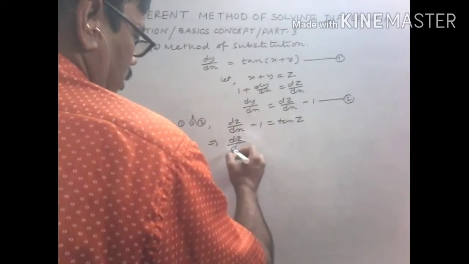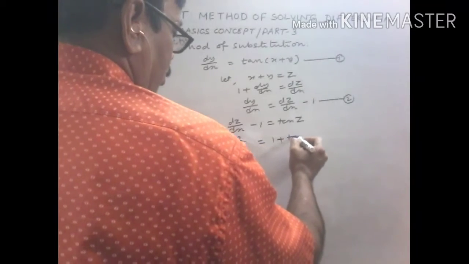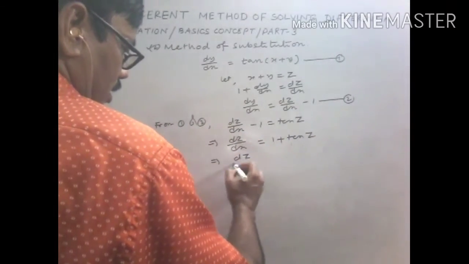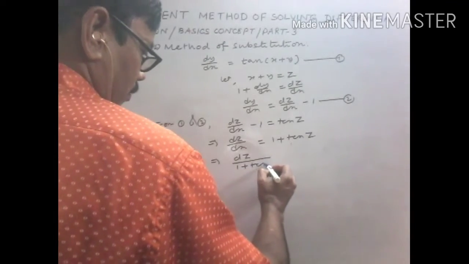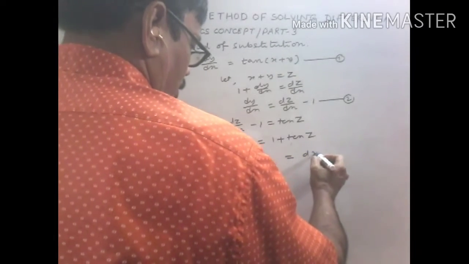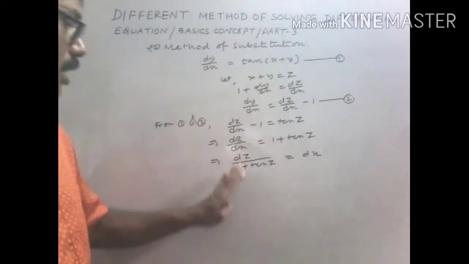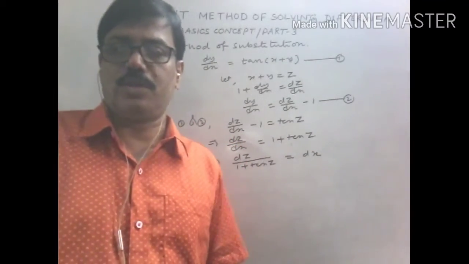So dz/dx equals 1 plus tan z. Now we can separate the variables. So look, now the variables are separated: dz by this equals dx.